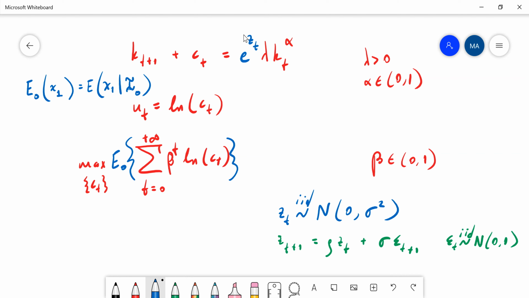So this expectation will be conditional on what the decision maker knows about the economy. This is the entire set of information about the economy, about the shocks, etc. For instance, at 0, you don't know anything about epsilon 1. You only know the distribution, but you don't know the realization of it.